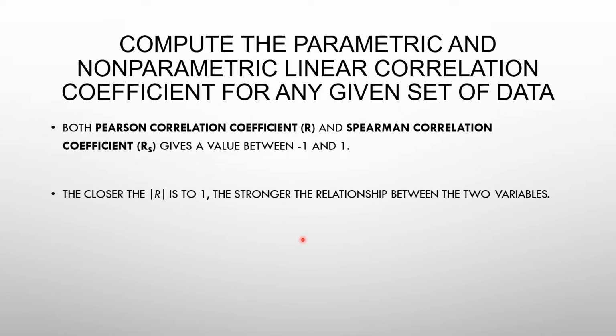So I repeat again, if the R value, the correlation coefficient, be it Spearman or Pearson's, is negative, it simply means that x and y are inversely proportional to each other. If it is positive, more than 0, x and y are directly proportional to each other. If it is close to 0 or exactly 0, then there is no relationship.